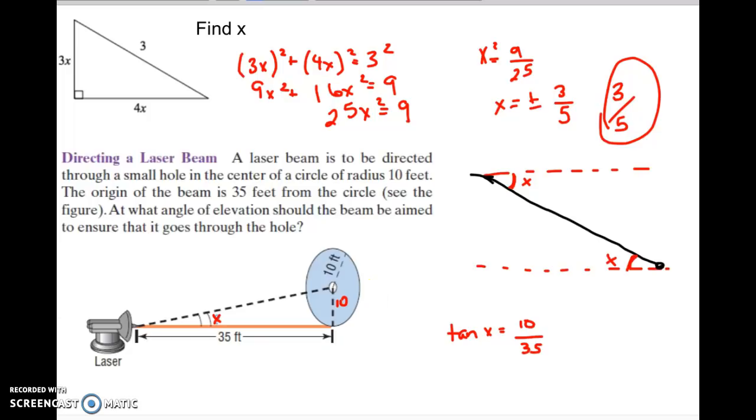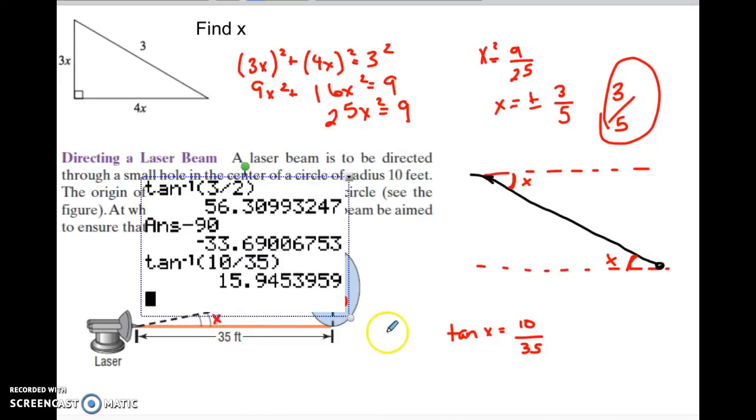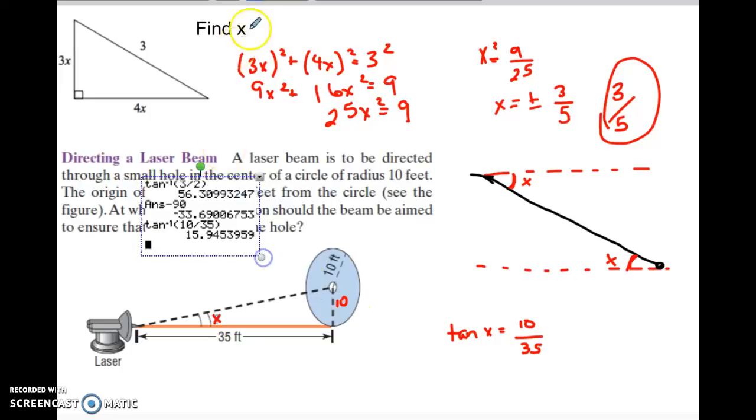So I would use my calculator and do inverse tan of 10/35. And this angle would have to be 15.9, or we could even call it 16. A 16-degree angle.